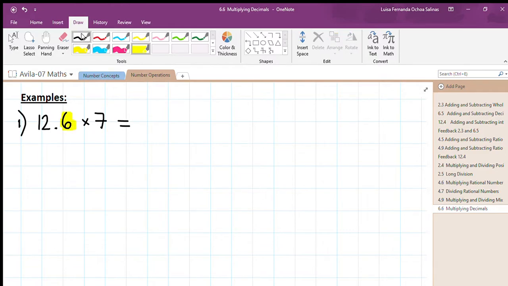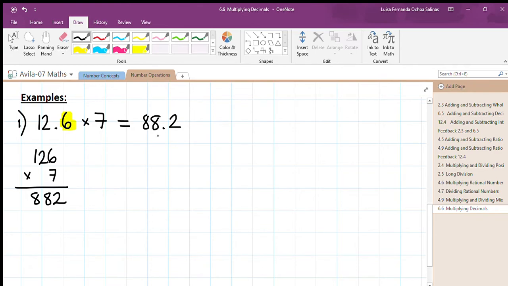I have only one, so I already know that my answer is going to have only one decimal place. So I'm going to do 126 times 7, which is going to be 882. So my answer, when I'm going to actually write it, be careful, this is the operation that I did. But when I'm going to write my answer, I have to make sure that I'm writing 88 and 2/10. Why 2/10? Because I had one decimal place here in my problem, and I have to have one decimal place in my answer. Good.